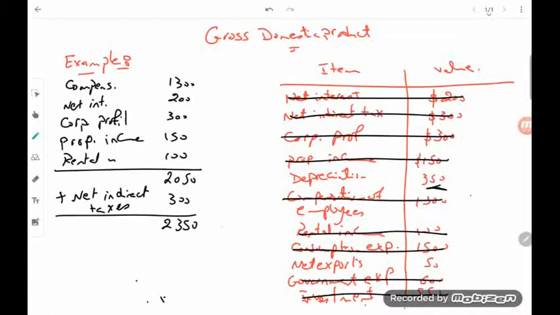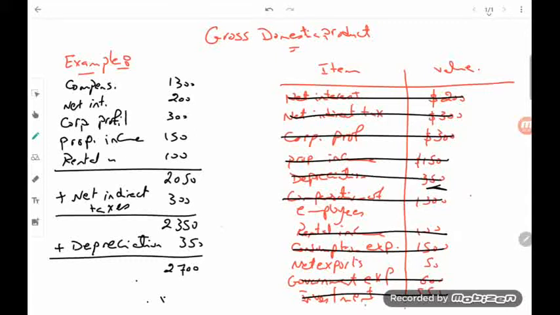In order to convert it from net to gross, we have to add depreciation, which is 350. So it will be 2,700. This is the net domestic product and this is GDP.